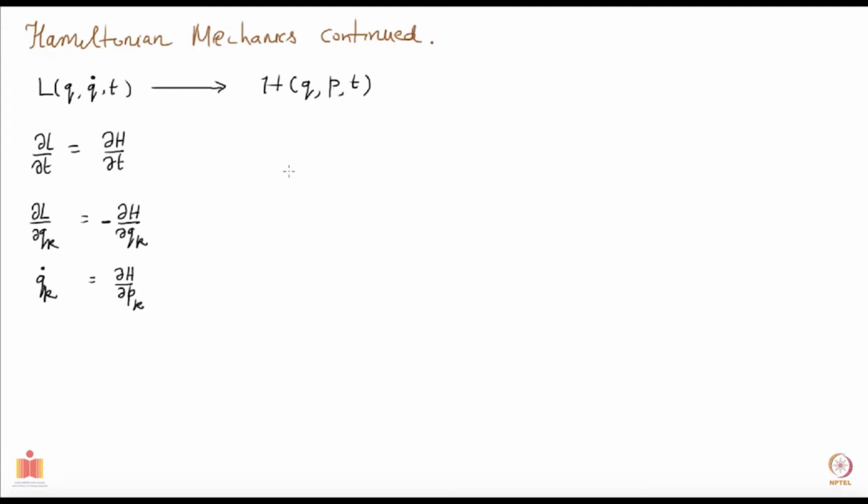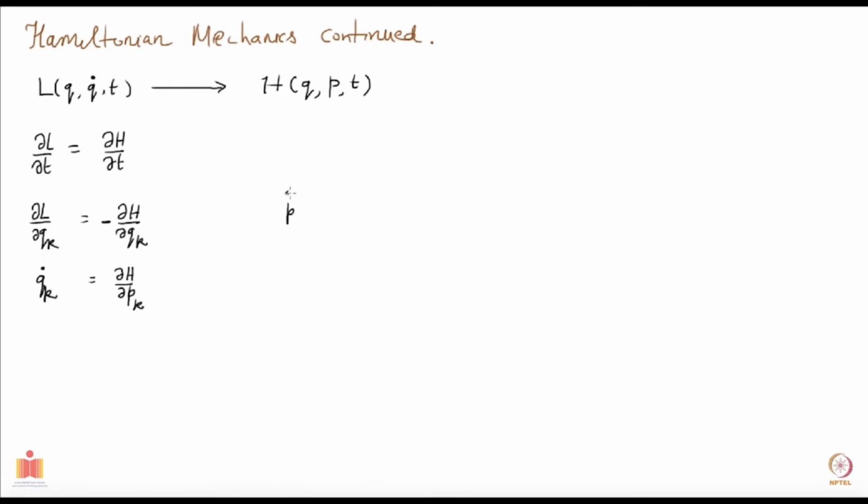These equalities arise purely from going from L to H through Legendre transformations. You didn't use equations of motion for these to hold true. If you further demand that the coordinate Q satisfies the Euler-Lagrange equations of motion, from that you can arrive at the following equation of motion.